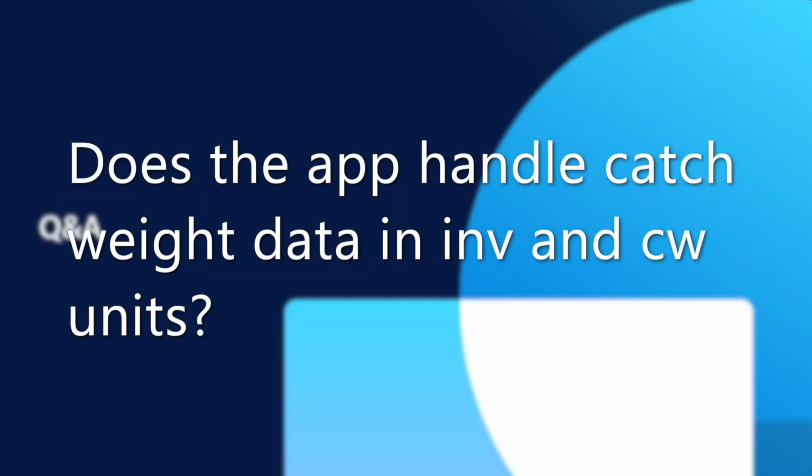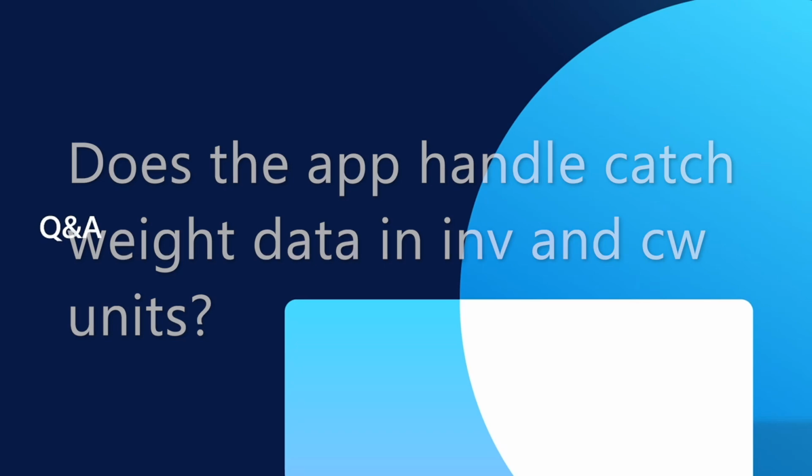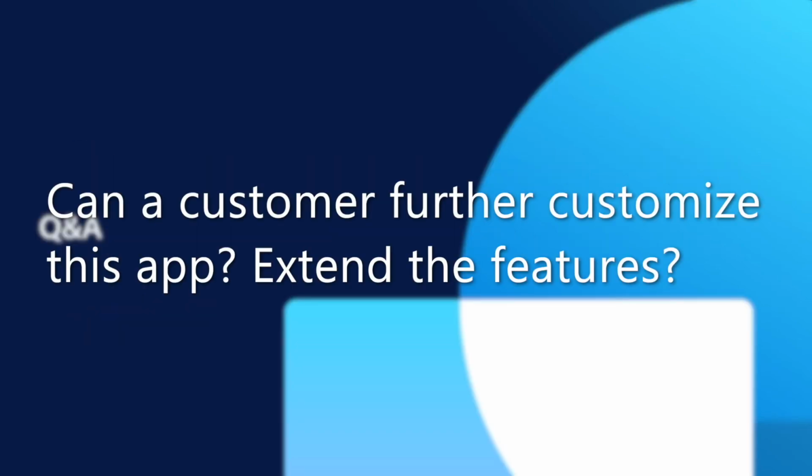I think the next question is also a good one. Does the app handle catch weight data in inventory and CW units? As we discussed earlier, it only supports the inventory unit at this moment. We are not showing any other units. Can a customer further customize this app and extend the features?